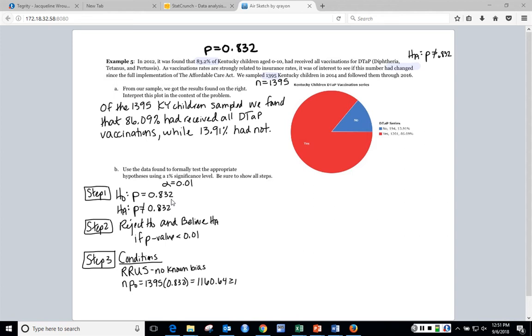And we're just checking that that number is at least 10. And then my n times 1 minus p0, or 1,395 times 1 minus our 0.832, which will give us 234.36, which is also at least 10.